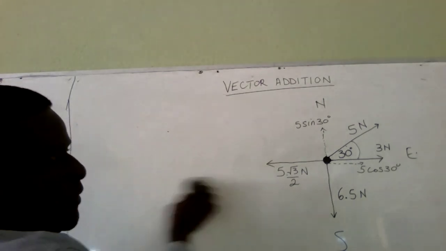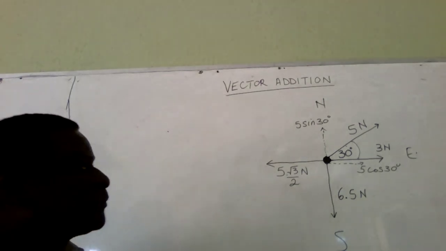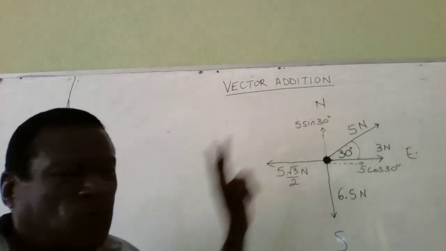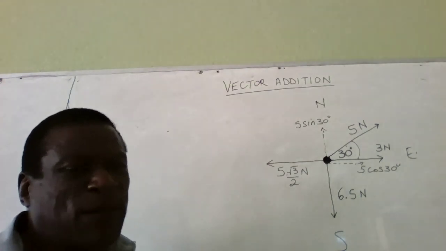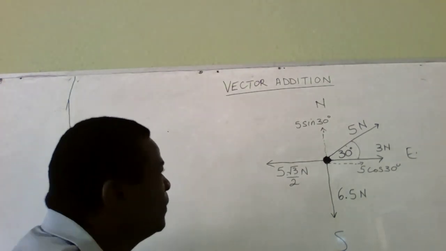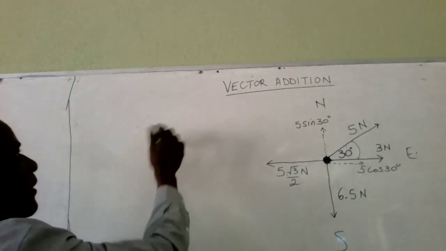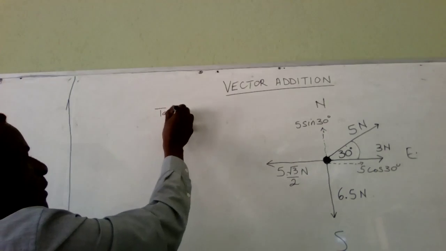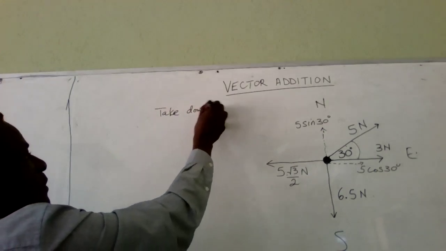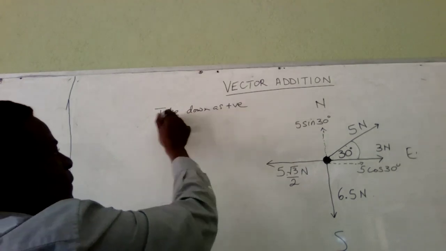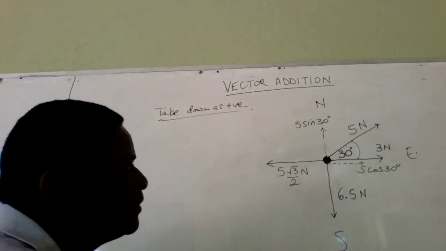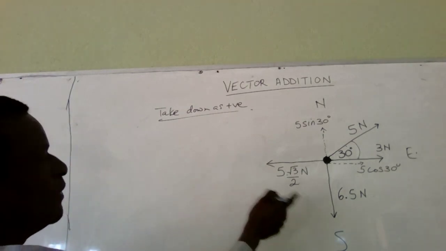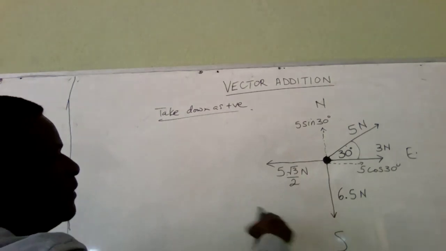Now let's do the problem quickly. We need two vectors, like I said, so that we can apply Pythagoras. So, for example, let's look at the vertical dimension, and let's take down as positive. That's the first step, right? Apply your theory that the net force is the sum, so let's add the forces.